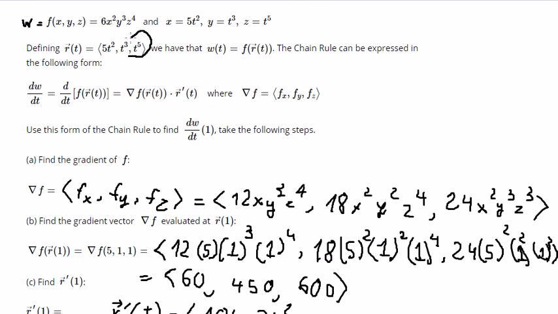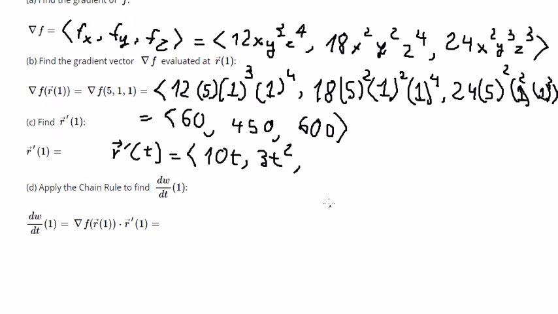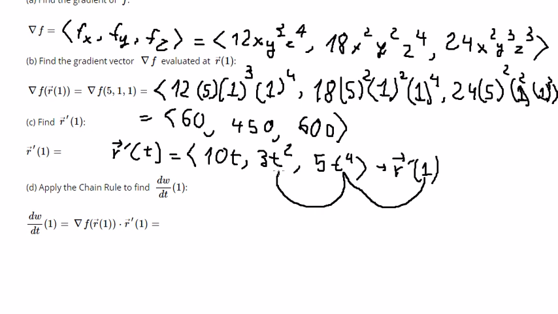First derivative of t to the power of 5, you got about 5t to the power of 4. So we have number 1 in here. So we put number 1 in here, here, and here, and you got about 10, 3, and number 5.